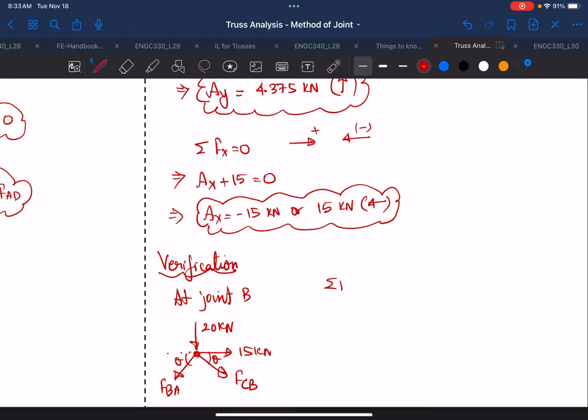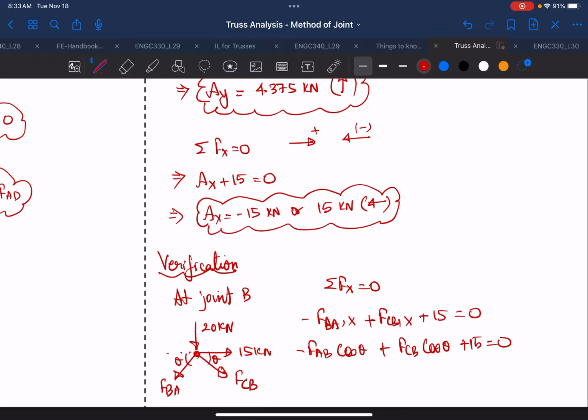You can do summation of all x equal to 0. You'll get minus FBA x component plus FCB x component plus 15 is equal to 0. So this will be FAB cos theta plus FCB cos theta plus 15 equal to 0.